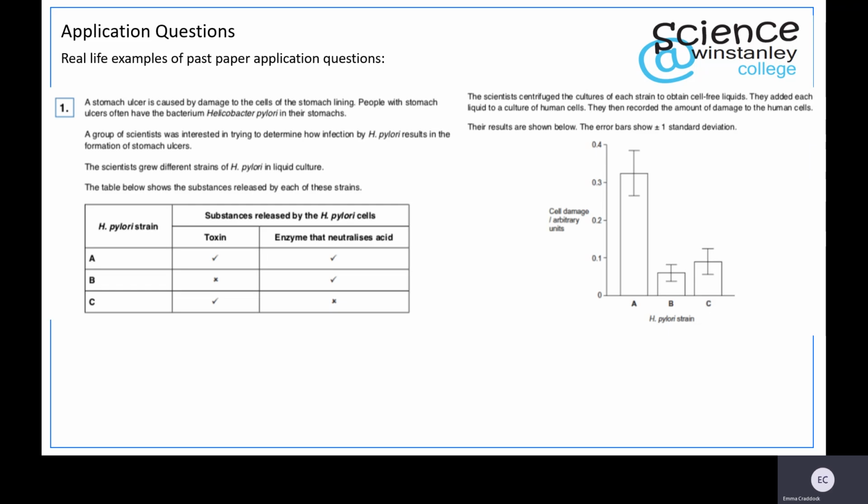You've got data there. You need to look at the graph. Tell me, is it worse if you've got the toxin and the enzyme? Is it worse if you've just got the toxin? Does it make relatively no difference if you've just got the toxin or just the enzyme? So think about those kind of things. So pause video, use that data to answer that question, and then have a look at the answer.